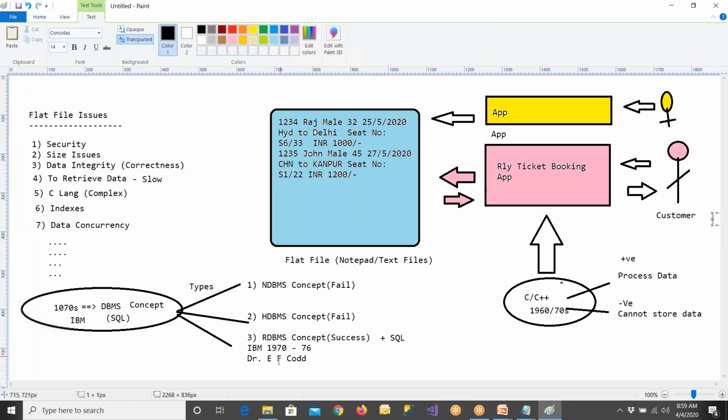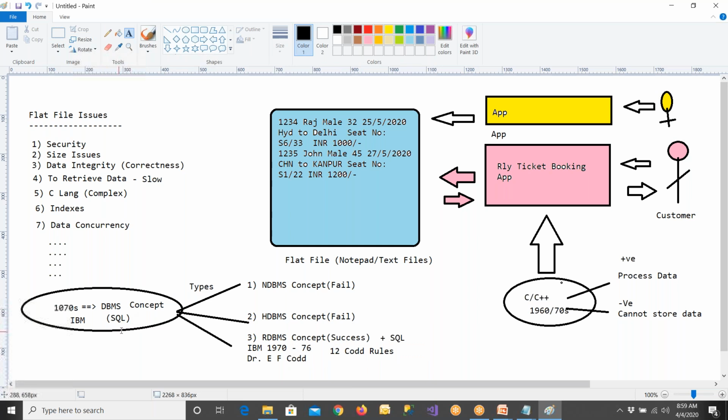Now the Codd rules. This fellow invented 12 Codd rules, 12 principles. What are the principles? RDBMS software must have the SQL language to be implemented, not the C language. RDBMS software should have indexes. It should resolve data concurrency issues.